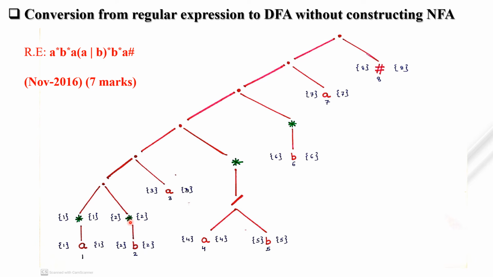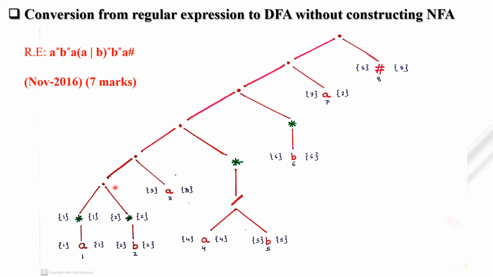Okay, now for this concatenation, if C1 is nullable, then the first position of C1 union first position of C2 will be the first position of this concatenation symbol. Similarly, for last position, if C2 is nullable, then we have to put last position of C1 union last position of C2. So 1 and 2 is the first position of this concatenation symbol.